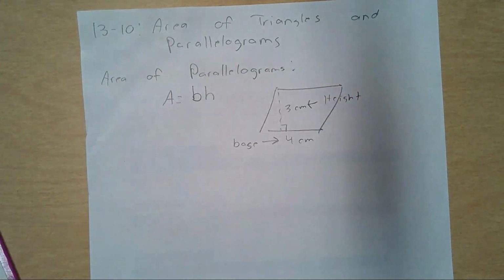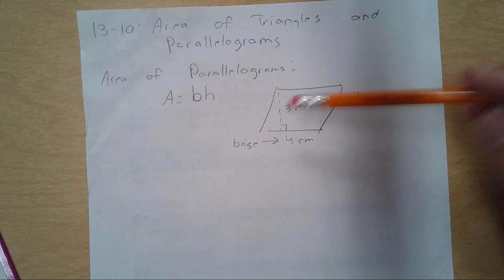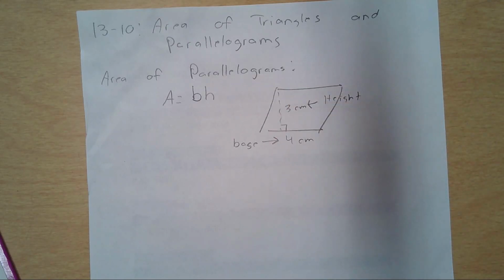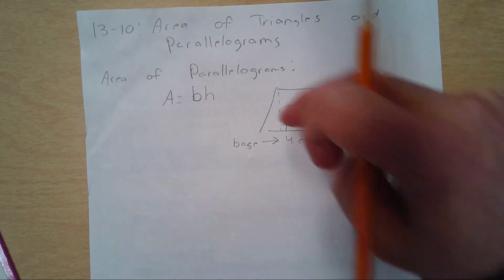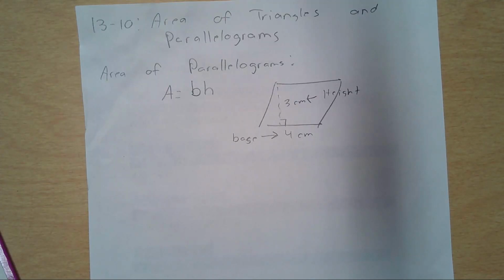At this point here in 6th grade, those will have to be provided to you. Next year and beyond, we'll be able to do more and find different things using the Pythagorean theorem and other properties that we know are true about right triangles. We could figure out this side length using concepts that we don't know today.